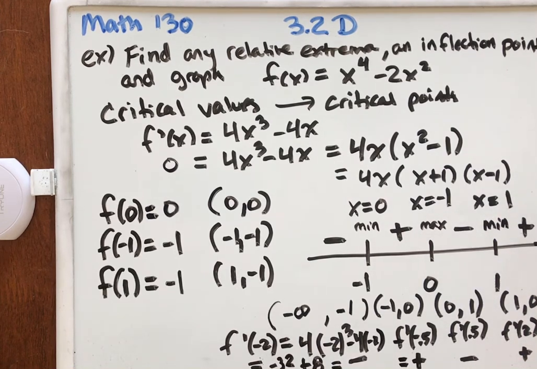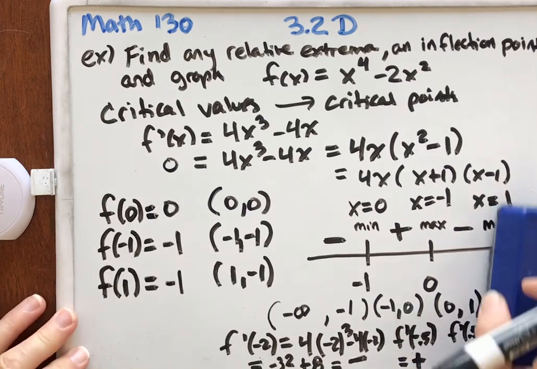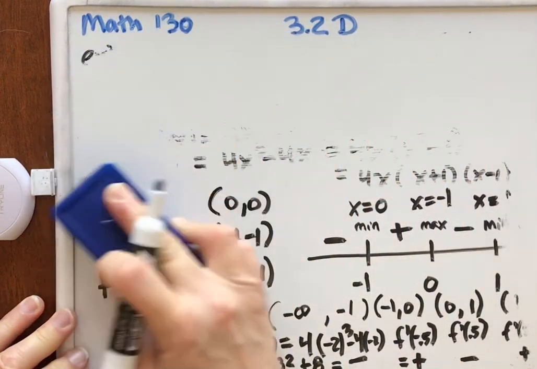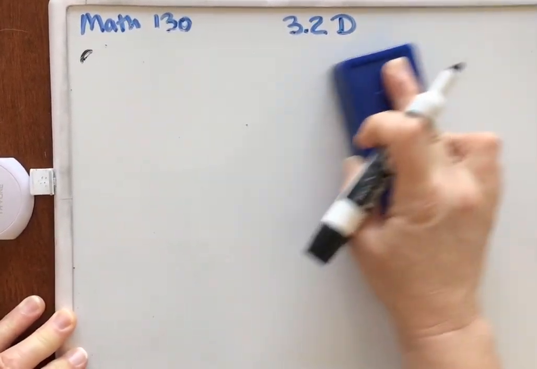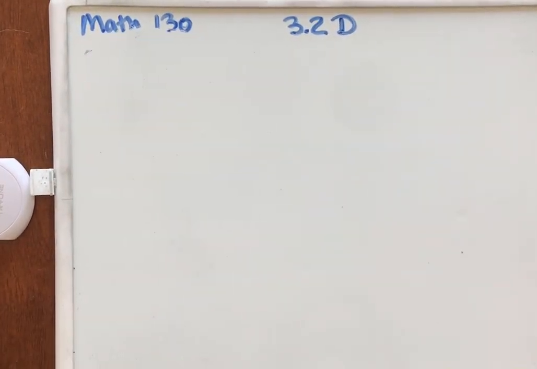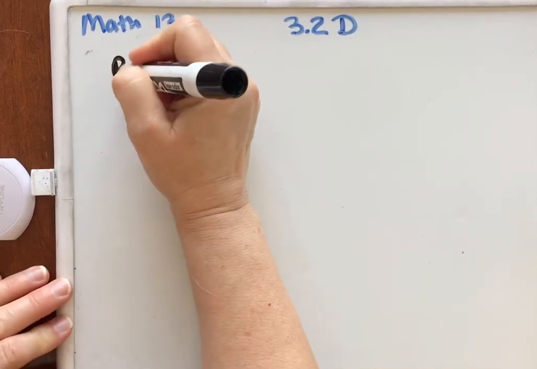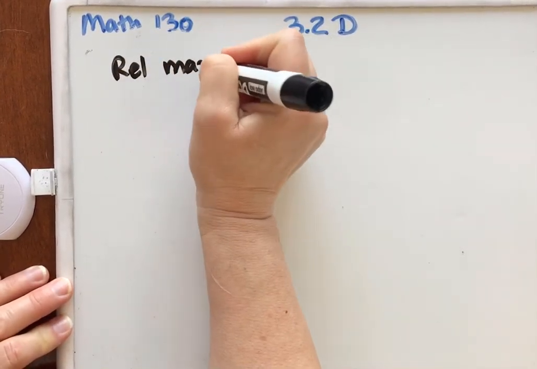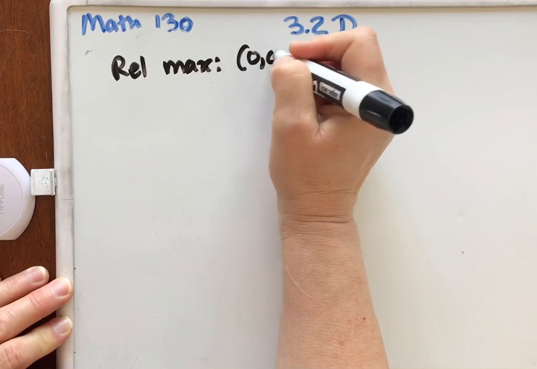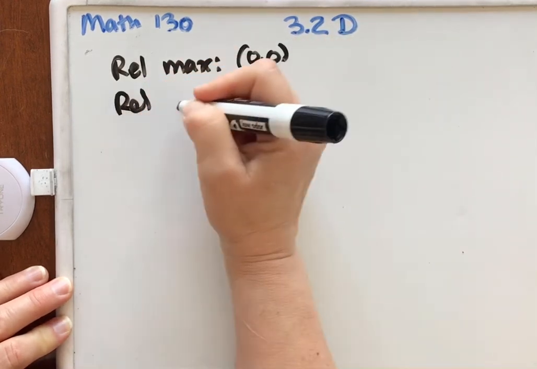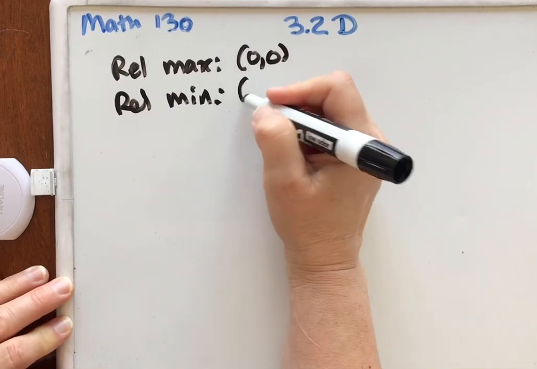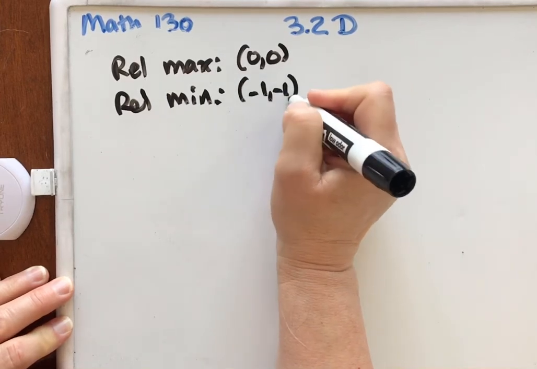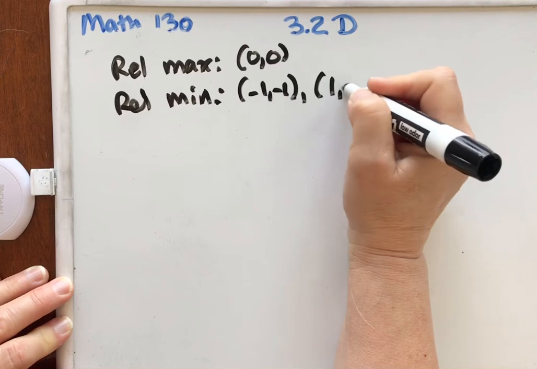Okay, so now we can state that in our answer. We're going to say our relative max happens at point 0, 0. Our relative mins happened at points negative 1, negative 1, and also at 1, negative 1.